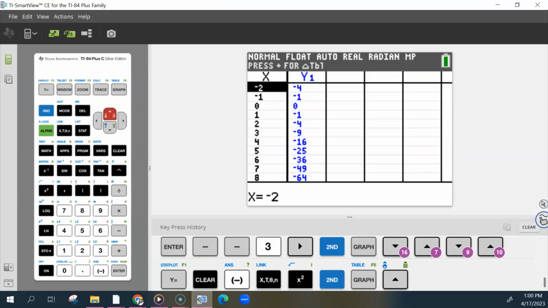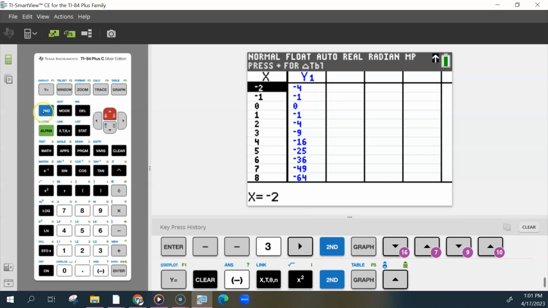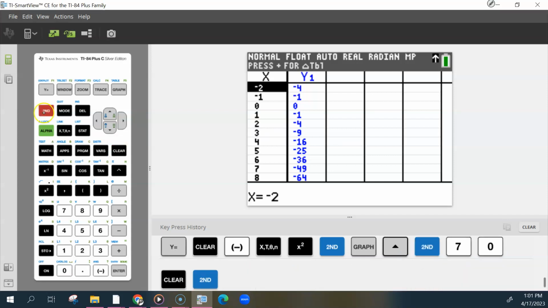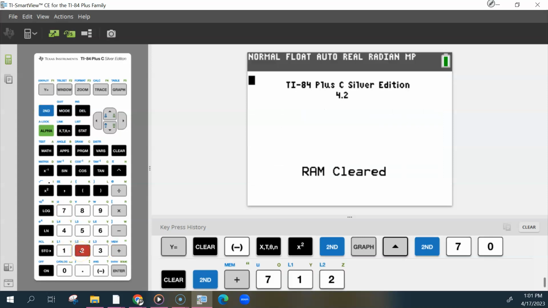So in your calculator, reset it first, second plus 7, 1, 2. There we go.